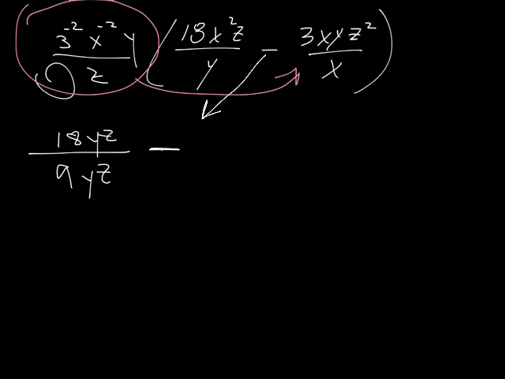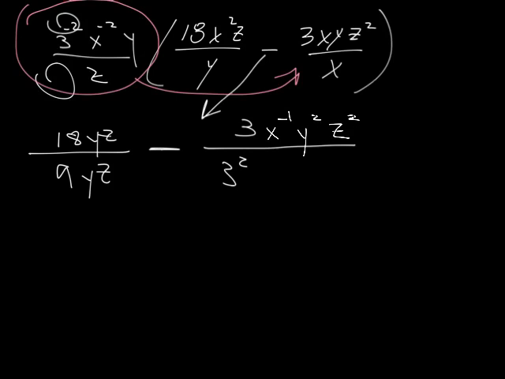And we have, let's move our 3 squared down, this one here, and we've got a 3. And in this case, we have a negative 2 and a positive 1. So this is going to be x to the negative 1, because negative 2 plus 1 is negative 1. Okay, we have y times y is y squared, and we don't have any z's to multiply, so that top is going to stay the same. And the bottom, this x and this z are just going to stay there.